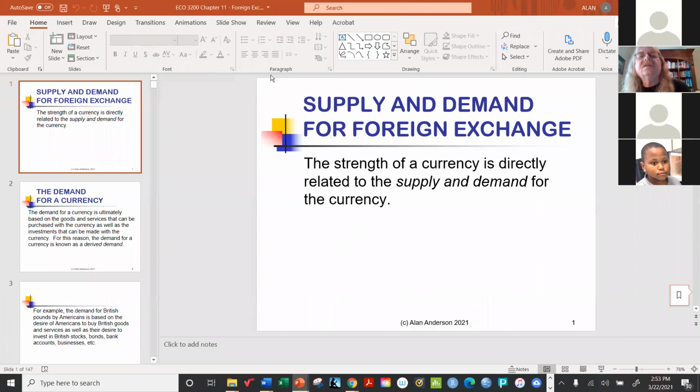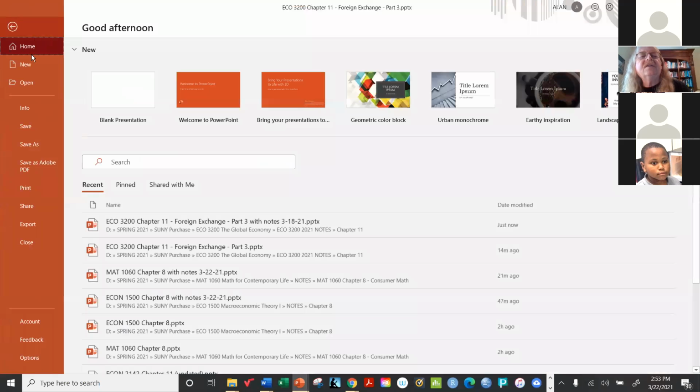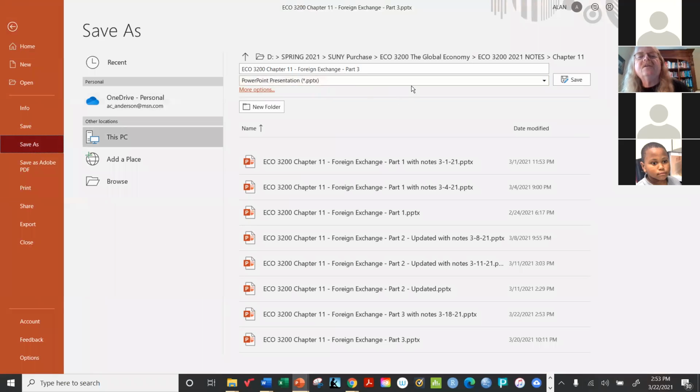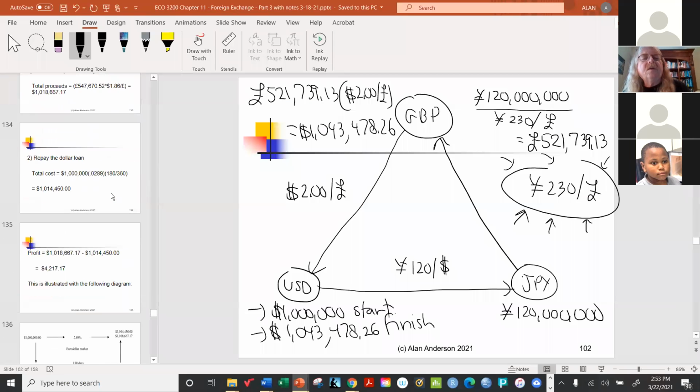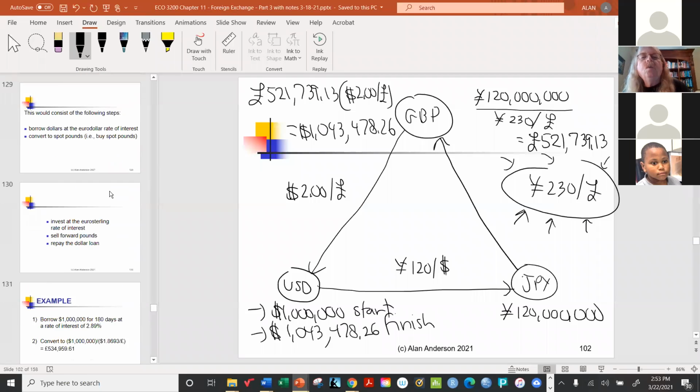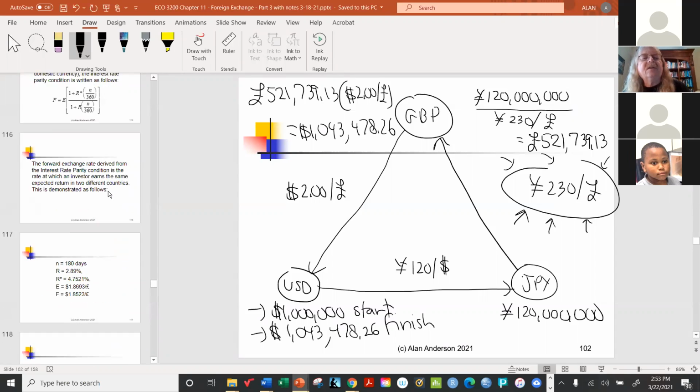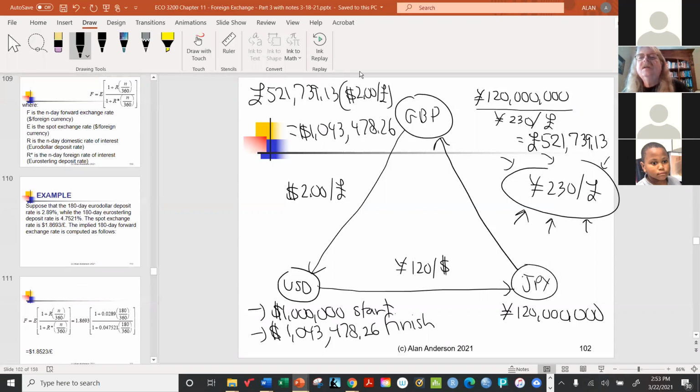It turns out that there is a precise mathematical relationship that must hold between the value of a spot exchange rate and the corresponding forward exchange rate. What is that precise mathematical relationship? Well, let's find out.